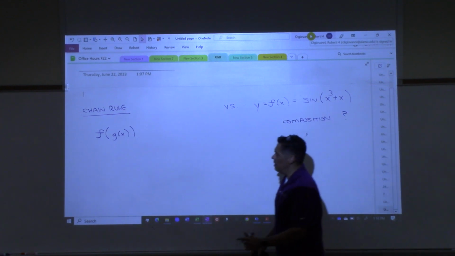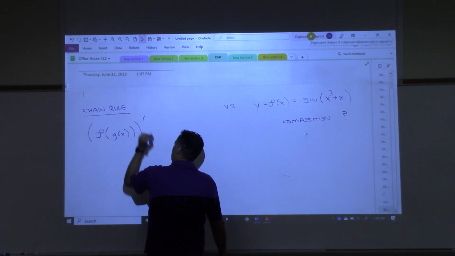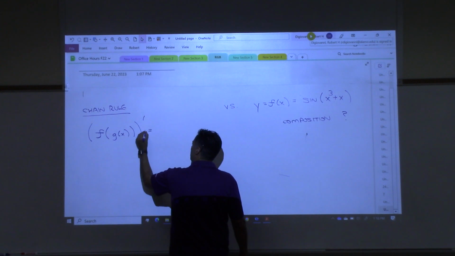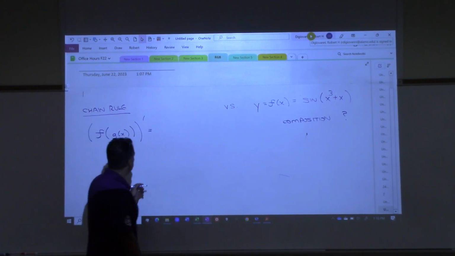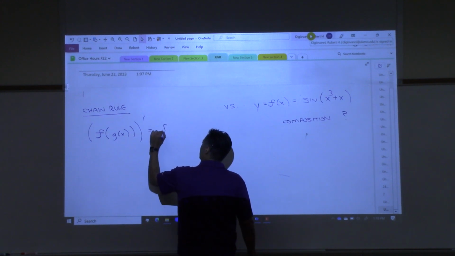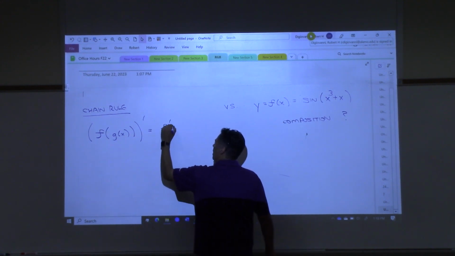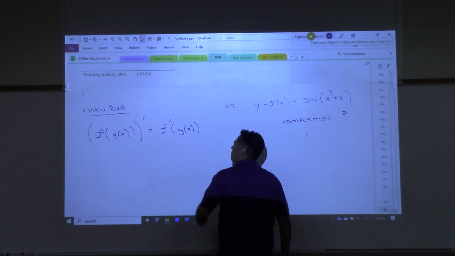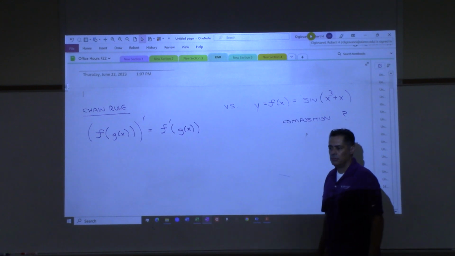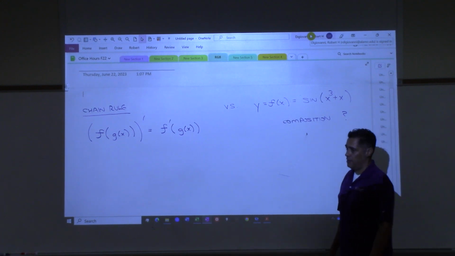So if you want to find the derivative, here's what it's going to be. First thing you're going to do is take the derivative of the f function. And inside of that function, you're going to plug in the g function, without the derivative on the g.